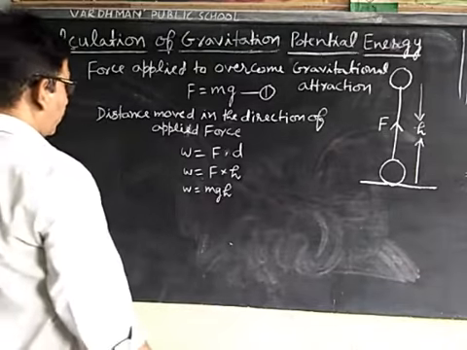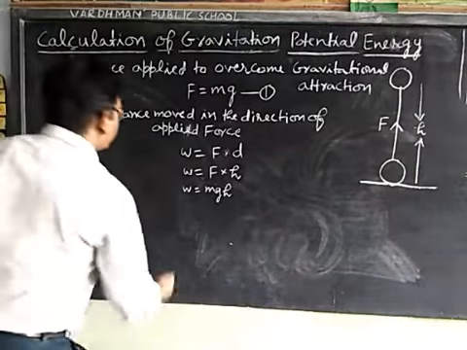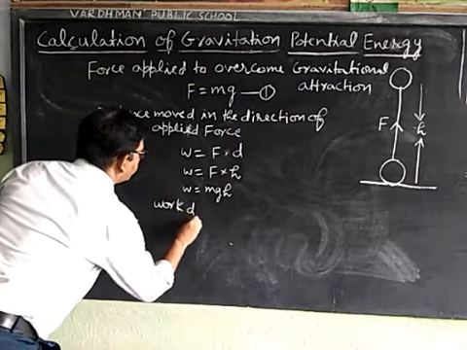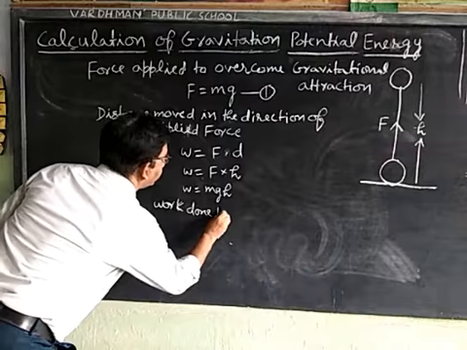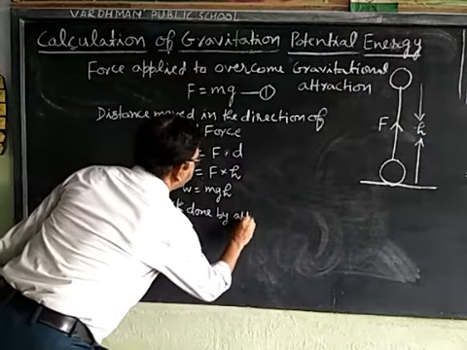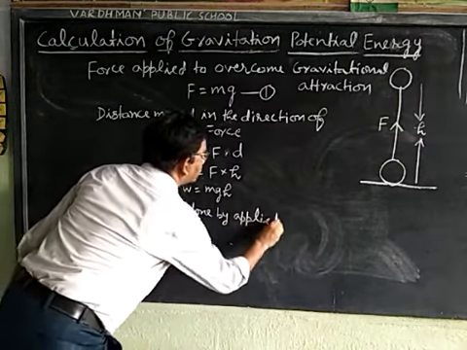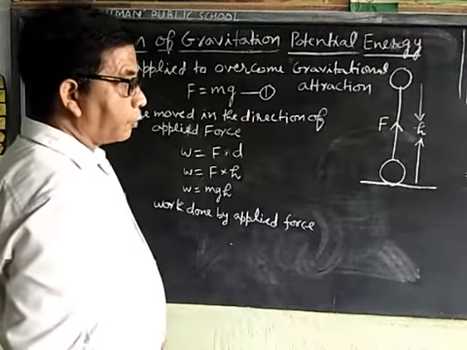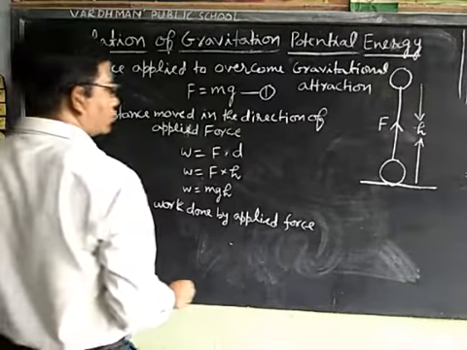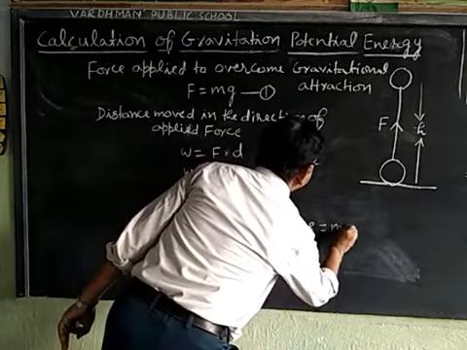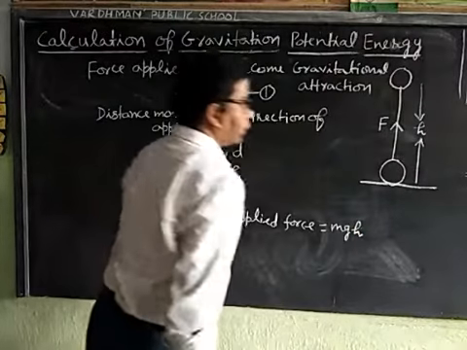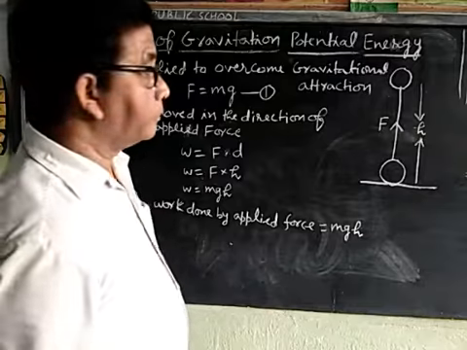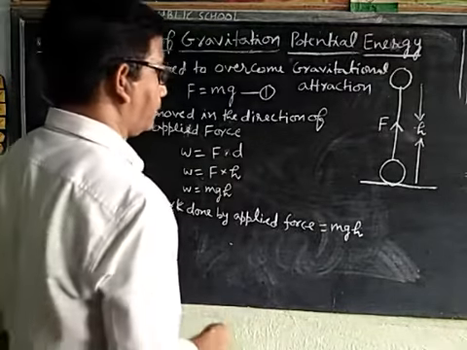Then the work done by the applied force is equal to mgh. Now we will find the work done by the gravitational force.